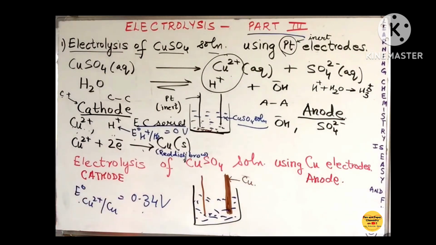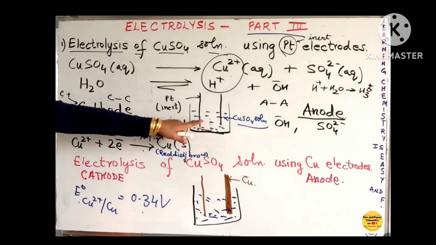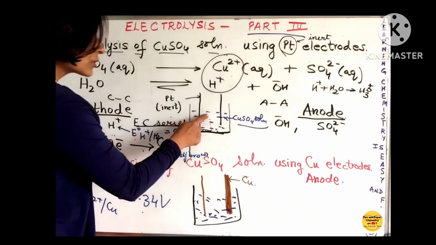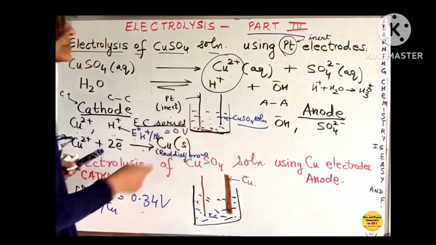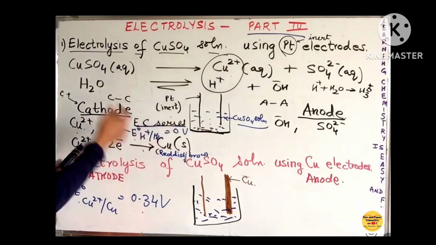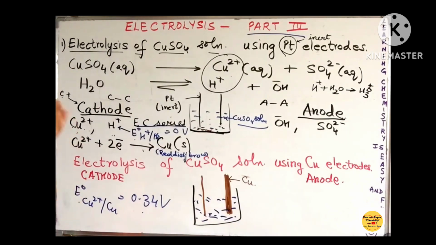Because the number of copper ions in the solution is decreasing, what will happen to the color of the copper sulphate solution? Yes, the color of the copper sulphate solution will start becoming faded, correct? Because the copper ions are disappearing from it. They are getting discharged and they are not getting replenished as well.